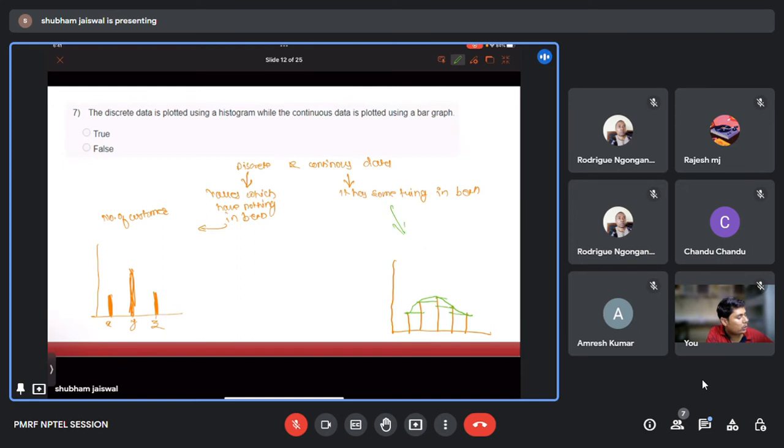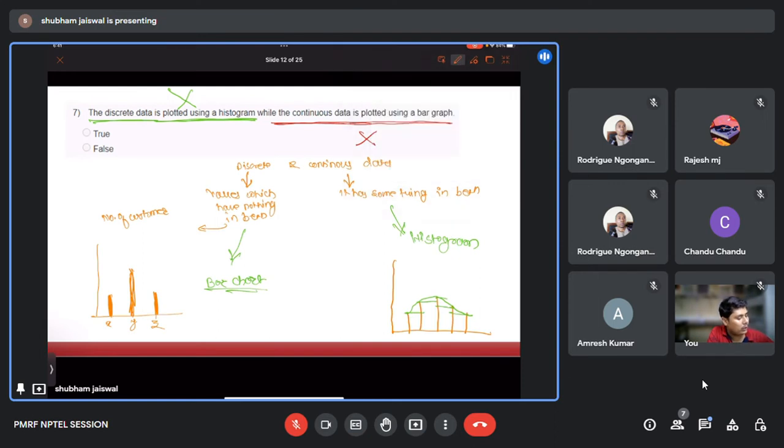Generally the continuous data is visualized by histogram, whereas I can't do the same thing with the discrete data. So for that we simply use the bar chart. So the discrete data is plotted using histogram, this is wrong. Similarly, the continuous data is plotted using a bar graph, this is also wrong.